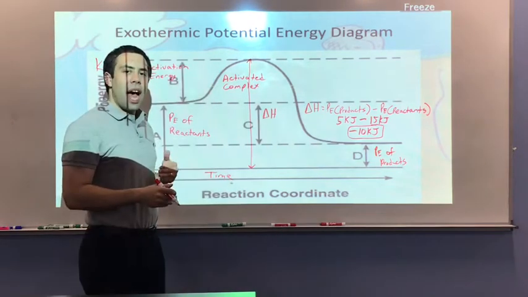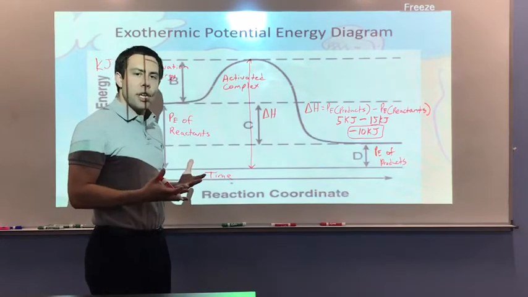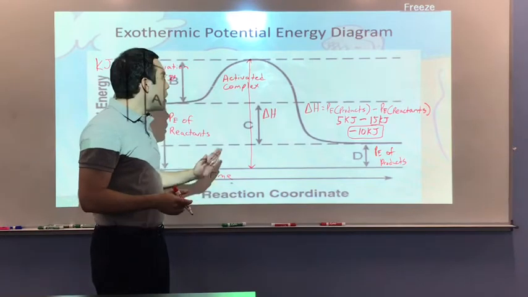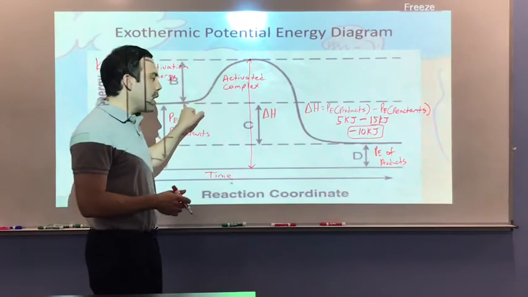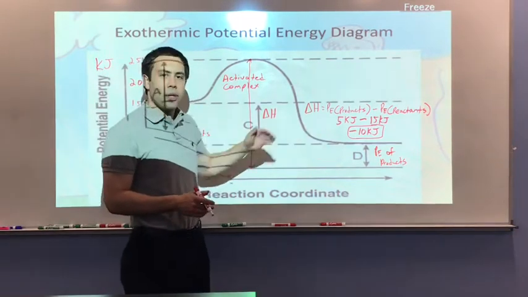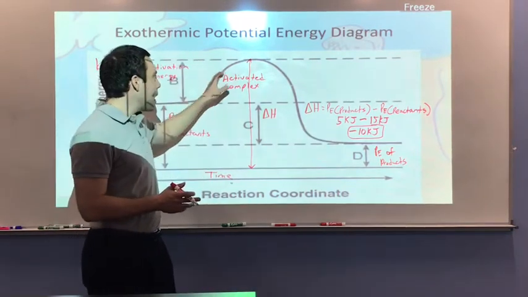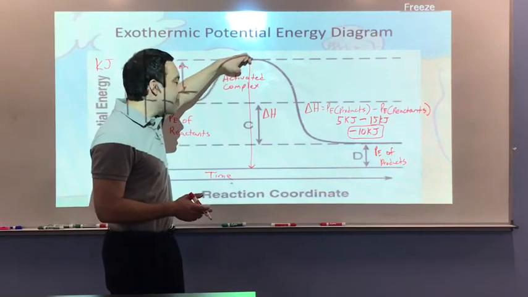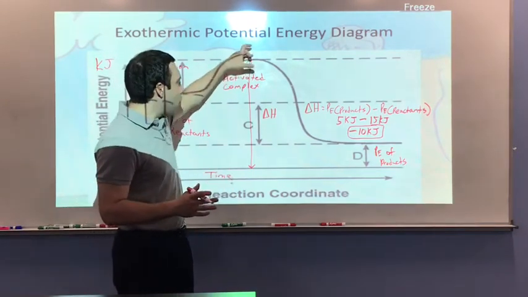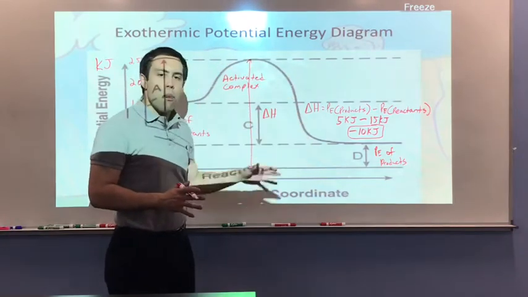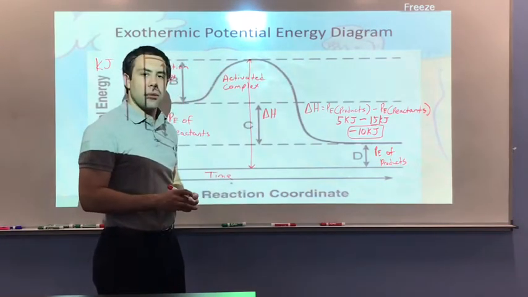The activated complex is the maximum amount of energy in this reaction. So that is the intermediate point in between the reactants and the products. When we talked about pushing the car up the hill, we need to get to the top of the activated complex. All the molecules have broken apart, and now they're going to reform into a more stable product.